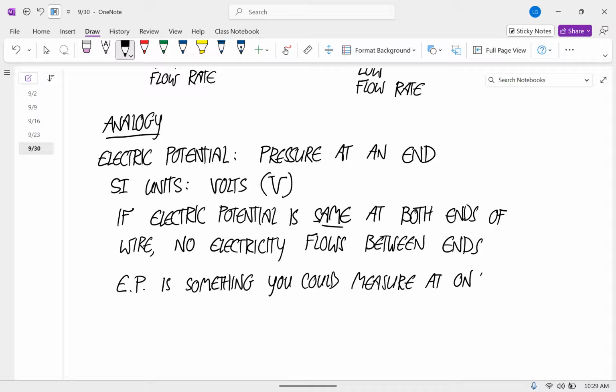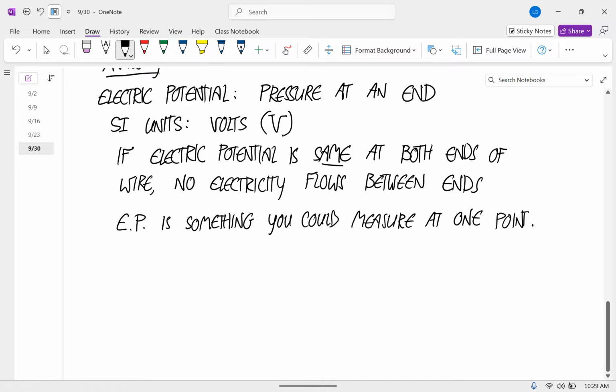At one point. So this is related to voltage. Voltage is the difference between the electric potentials at 2 points.